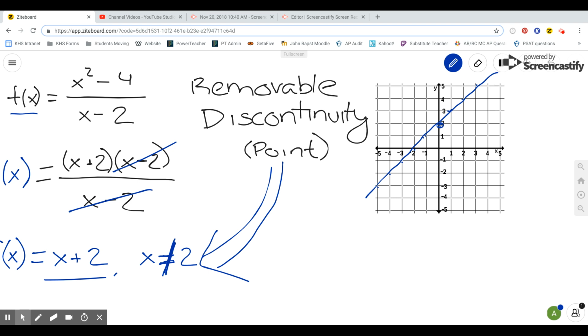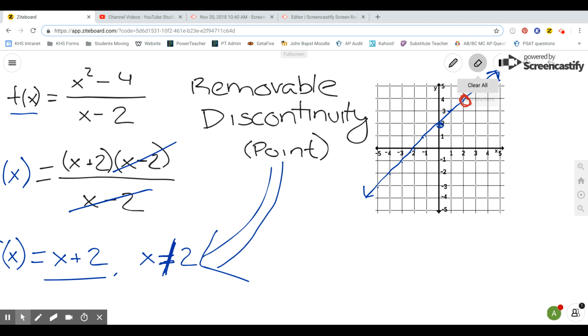But we have to be careful that I said that x cannot equal 2. So that means that I need to put a little hole at x equals 2, which is the point 2, 4. So there needs to be a hole right here.